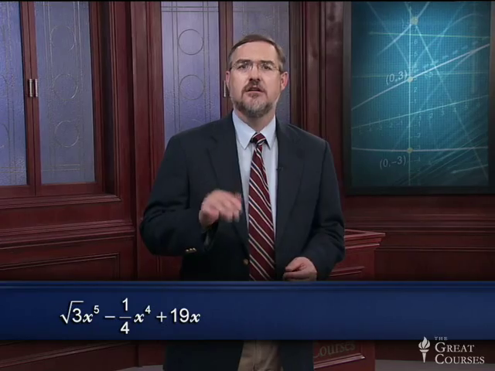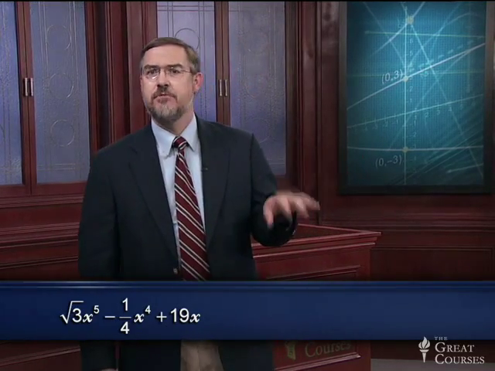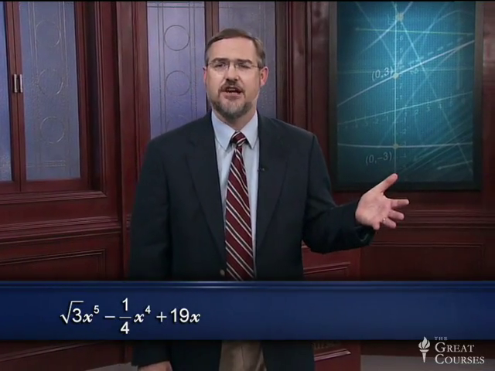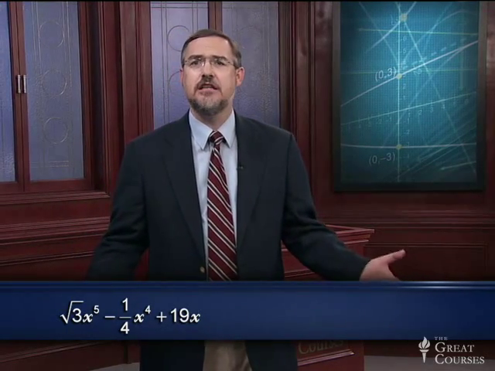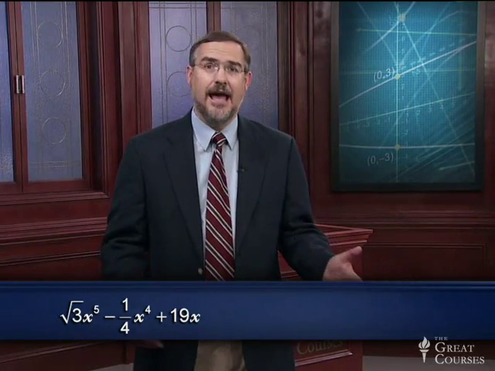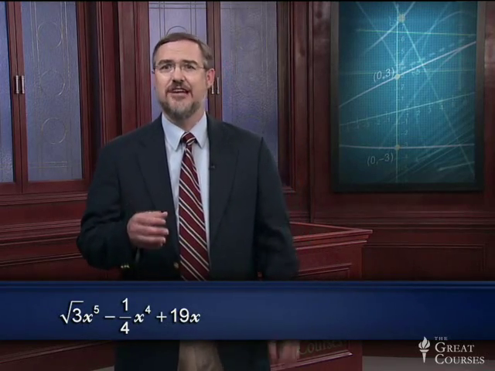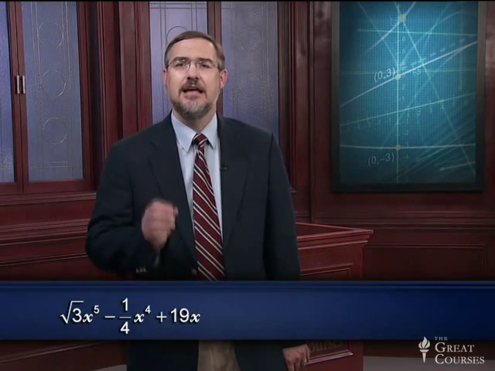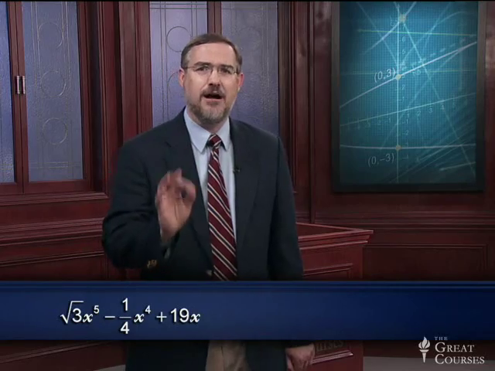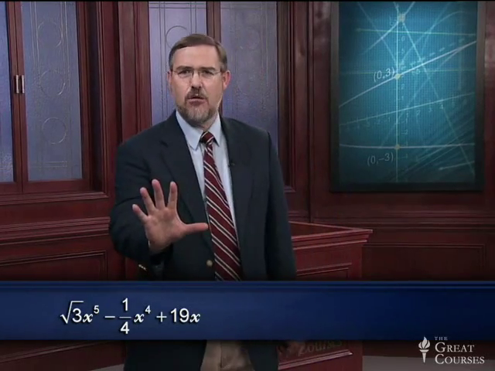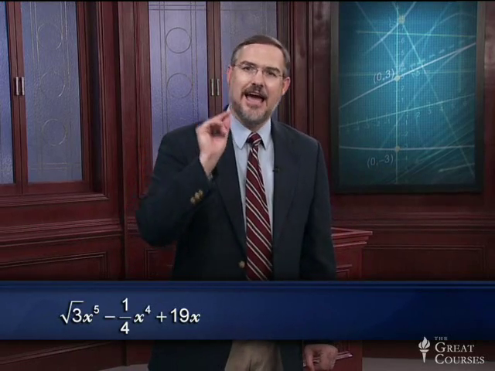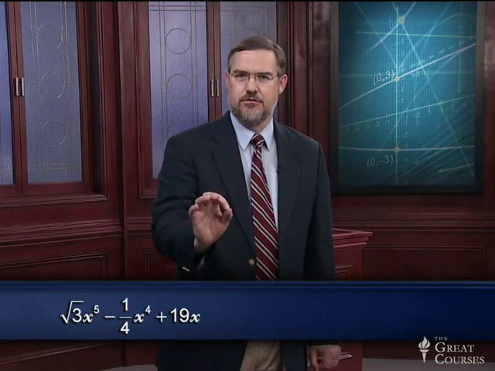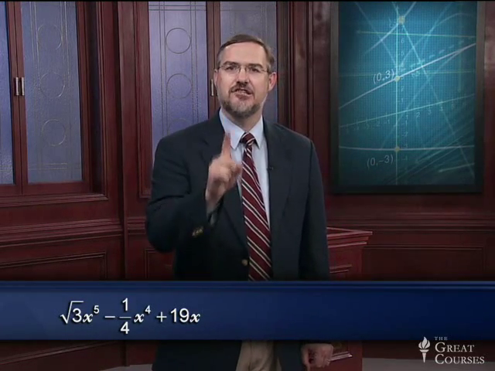So for example, square root of 3 times x to the fifth minus 1/4 times x to the fourth plus 19x, that's also a perfectly good polynomial. And I've read it to you in standard form, in fact. The key to any polynomial is not about the coefficients, because they can be anything they want, basically. It's that the exponents on the variables need to be positive integers.